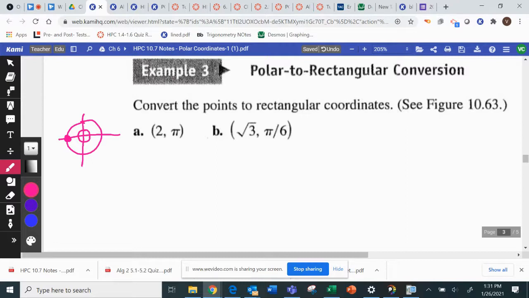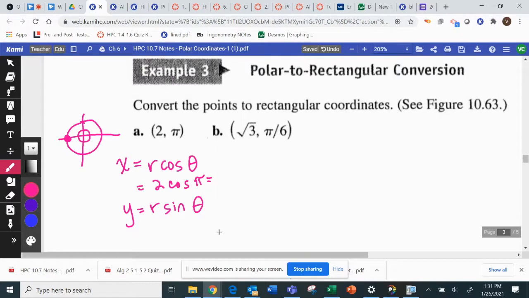Let me show you how we can get it if we couldn't graph it easily. What we could do is say x is equal to r cosine theta, and y is equal to r sine theta. And that came from trigonometry you've already learned. It was in the box right above it. r is 2, theta is pi.